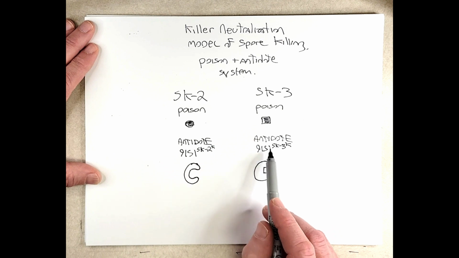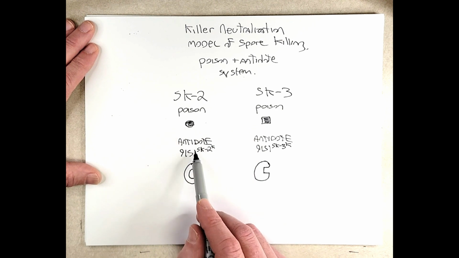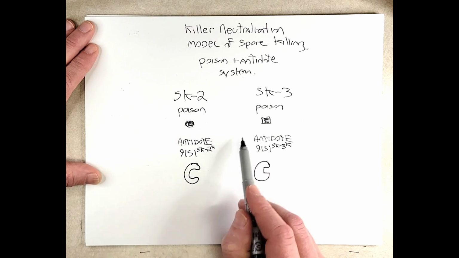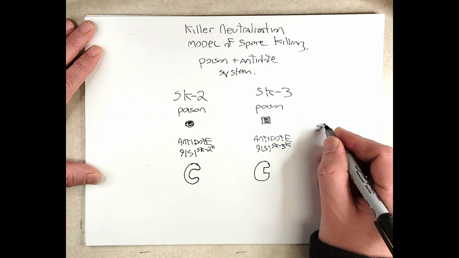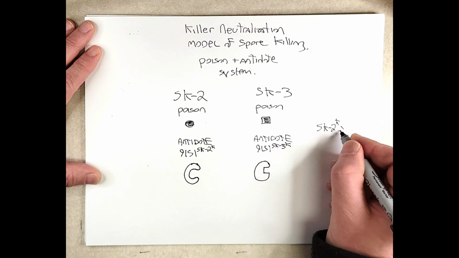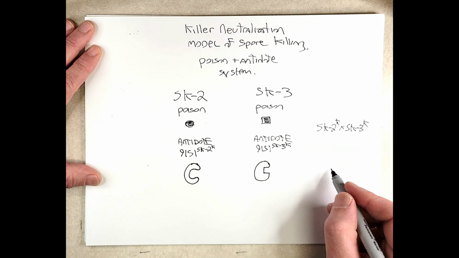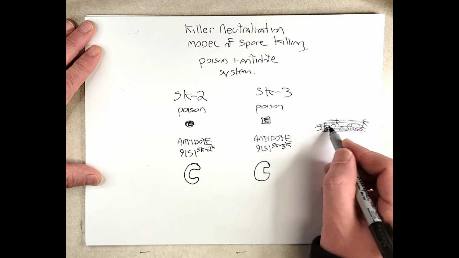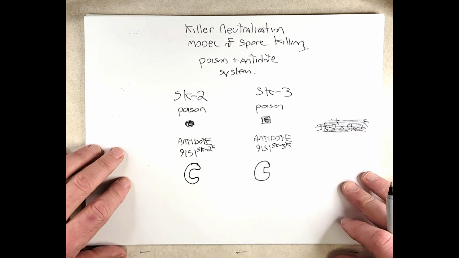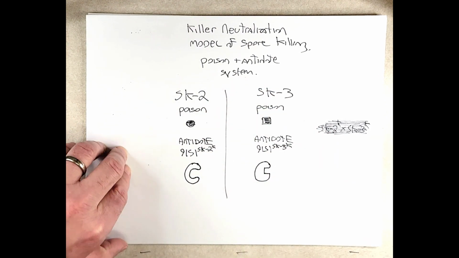So the SK3 antidote cannot neutralize the SK2 poison, and the SK2 antidote cannot neutralize the SK3 poison. That would explain why when SK2K is crossed to SK3K, everything dies. Oh, okay, that's a little too complicated. I need to show you some other aspects of the model before that makes sense. So, these are the key components of the model.